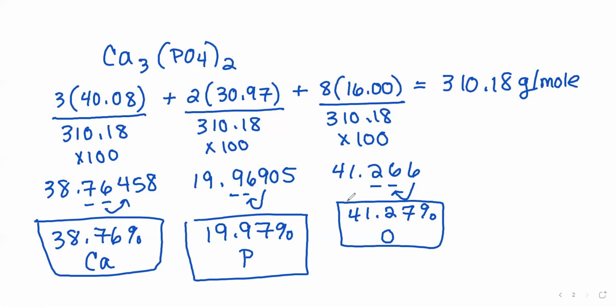And for this next one, I'm going to ask you just for one specific element. Okay. All right. So for the next one, I want to know what percentage of glucose is oxygen. So glucose is C6H12O6, and I want to know what percentage of it is oxygen. So we're going to find our molar mass first.